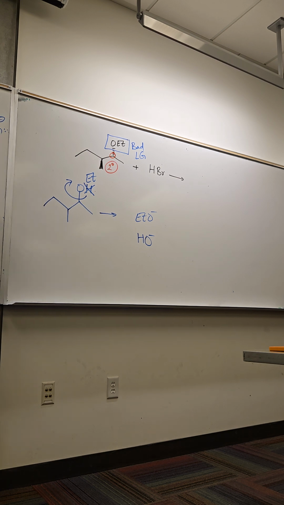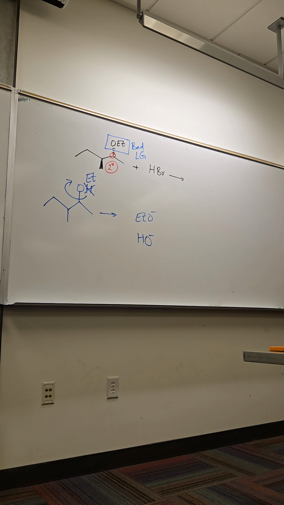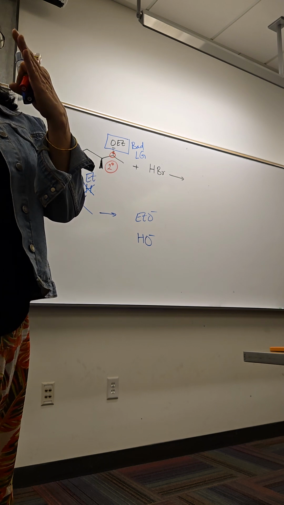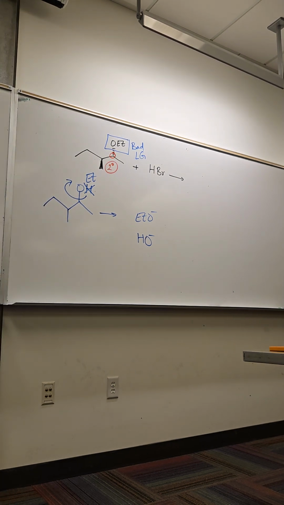The point I'm trying to make here is, when you think of alcohols, think water, because alcohols and water are very similar to each other. So whatever water tends to do, alcohols will also tend to do, because the structures are very similar. Everybody okay? Okay, so coming back, it's a bad leaving group.